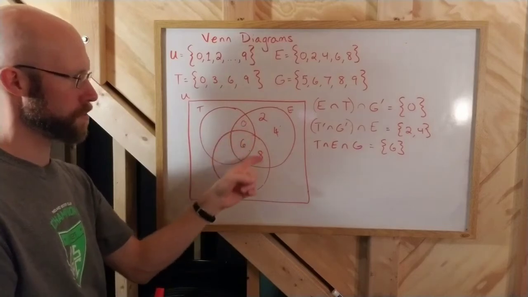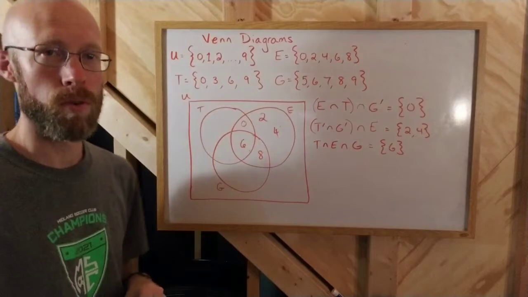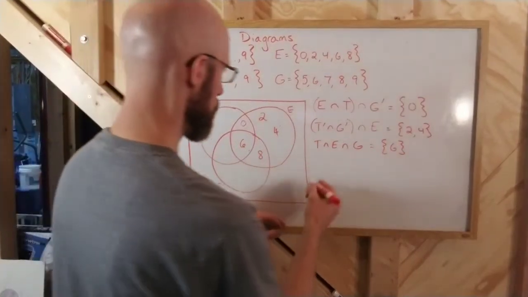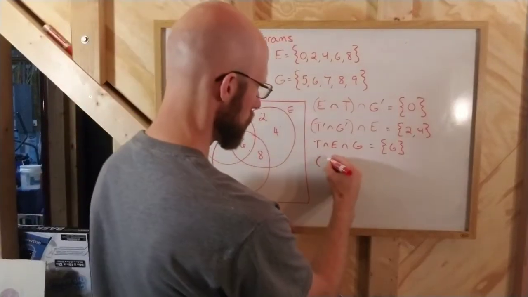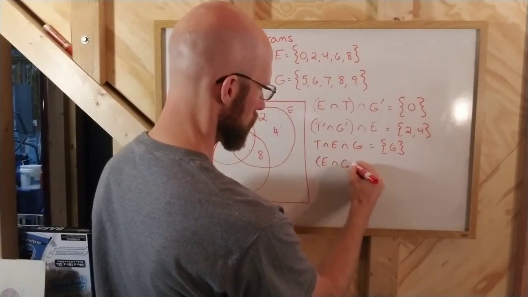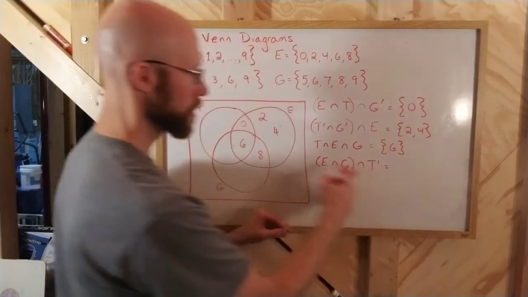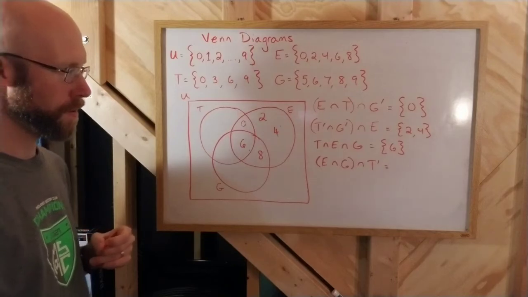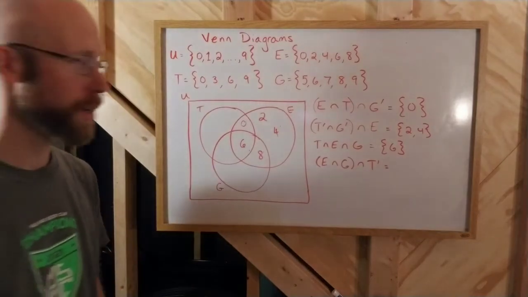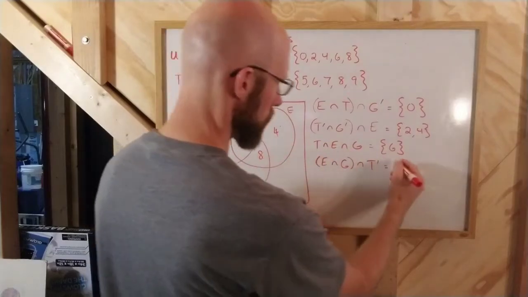In fact, it's in a similar position where it's intersected by 2 of the sets, but not the third. So in this case, we're going to have E intersect G intersected with not T, or with anything not in T, and so that gives me the set containing 8.